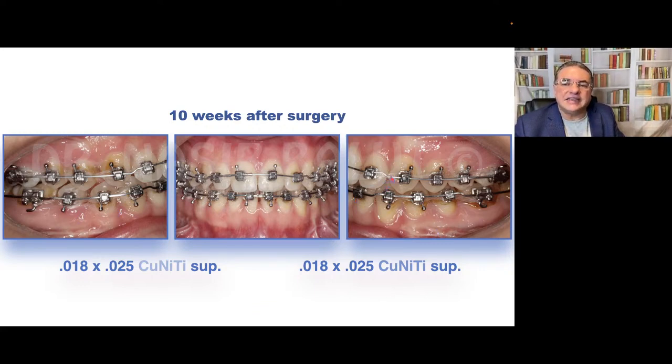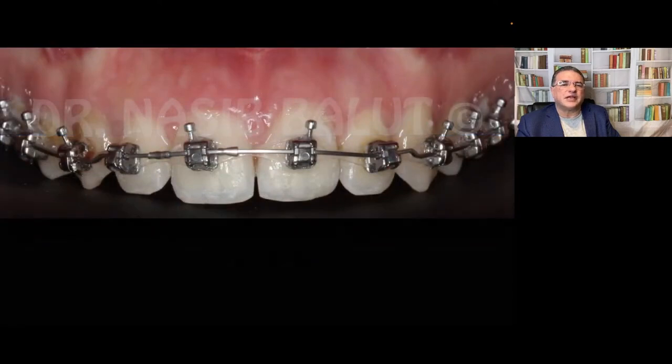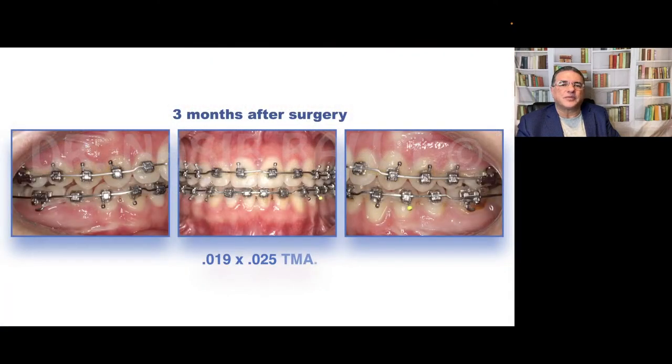I did these steps to intrude a bit the upper and lower anteriors because there was a big interference in that area. That was the reason for those steps, as you can see here.